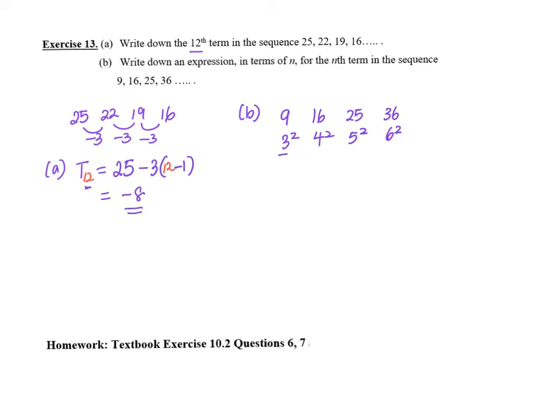But my pattern starts from 3, then goes to 4, 5, and 6. So to have something squared, let's first find the pattern for 3, 4, 5, 6. It goes in consecutive numbers. My first term starts with 3, and I add 1, n minus 1 times. So I shall call this Tn.